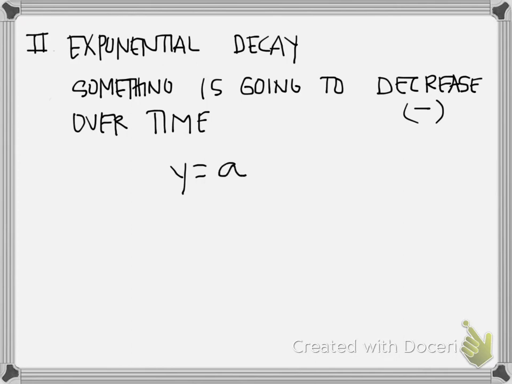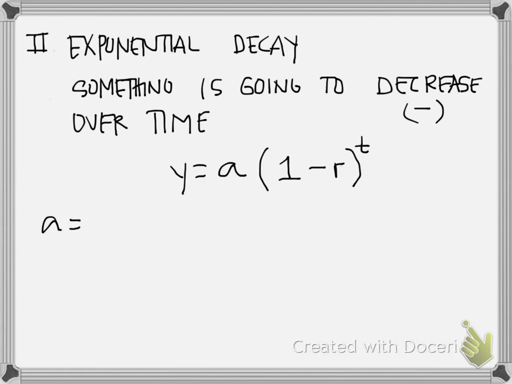So you're going to have some initial amount still, and then inside here you'll still have 1, but instead of a plus, you're going to have a minus, an r, and all of that raised to the t. So everything is still the same.